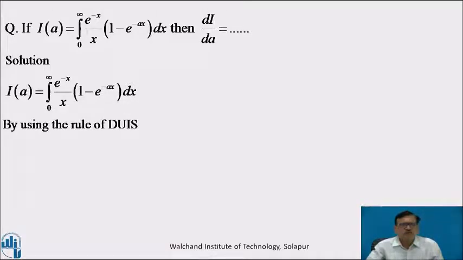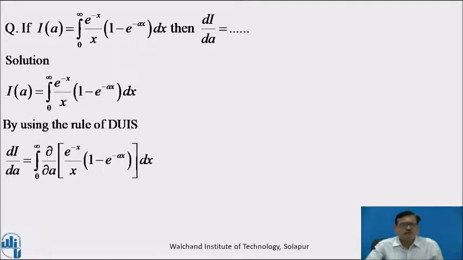Now by using the rule of differentiation under the integral sign, which you have seen in the first video, you get dI by da equal to the integration from 0 to infinity of del by del a of e raised to minus x by x into bracket 1 minus e raised to minus ax, dx.